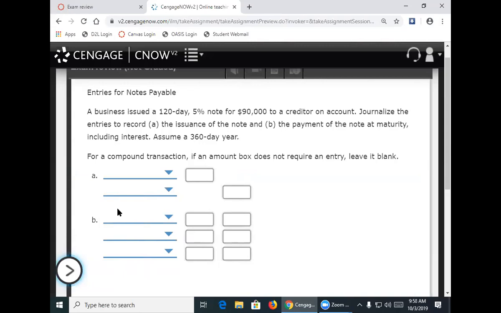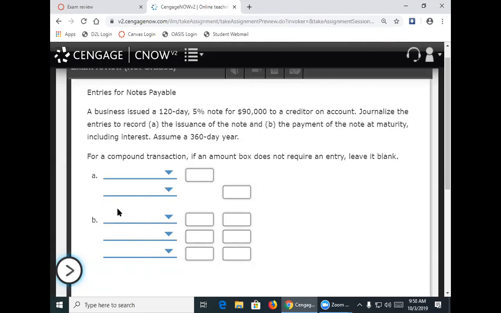So they're the borrower. It's a good question, because when we think issued a note, it gets confusing. In this chapter, we're always going to owe the money. It's always going to be a liability. We're always going to be the one issuing or borrowing.